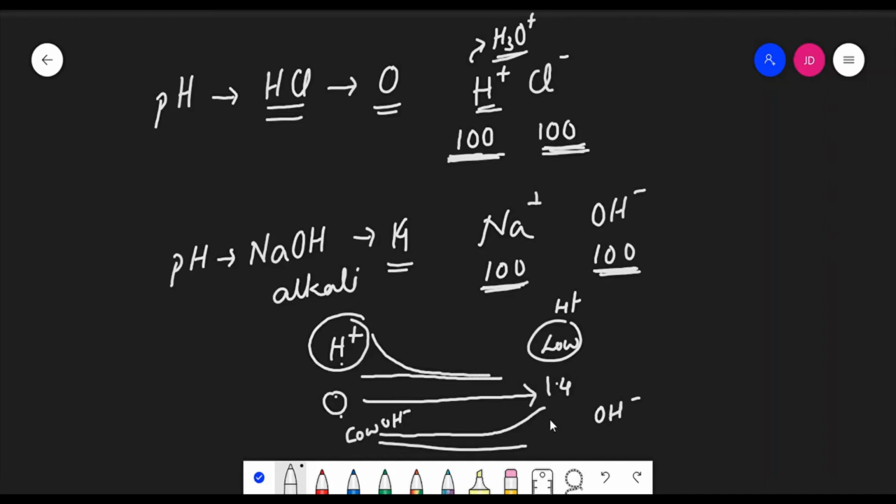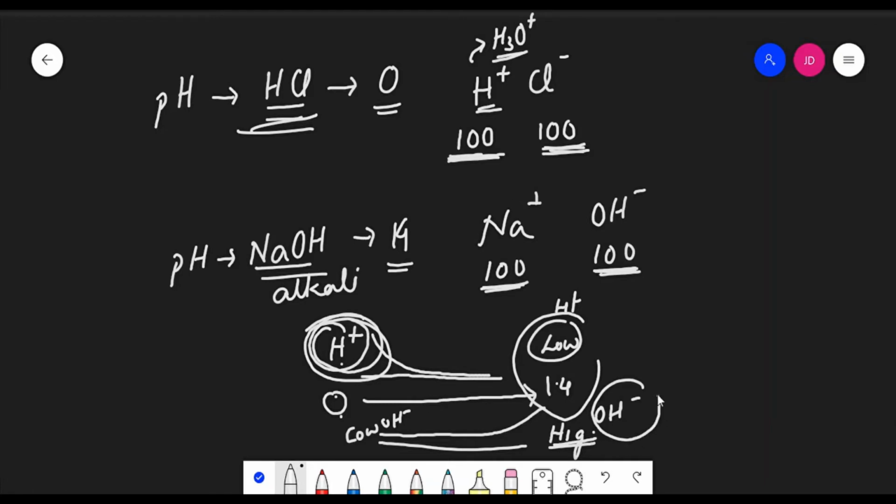So an acid will have more H plus, and a base will have more OH minus. An acid may have a little bit of OH minus, and a base may have a little bit of H plus.